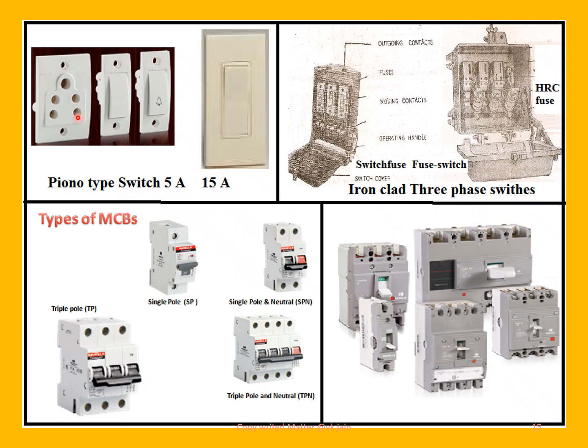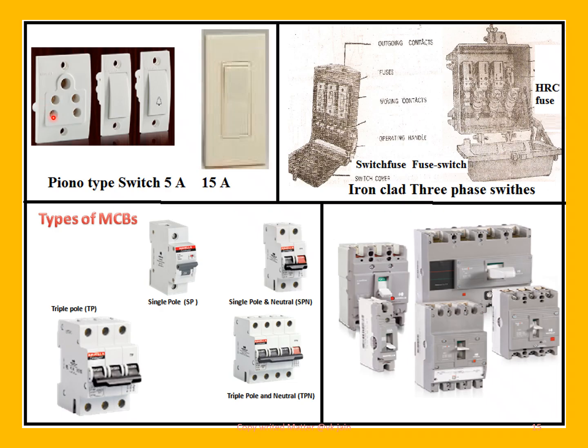Friends, this particular schematic diagram shows you different components of a power circuit. We can start. This one is 5 ampere switch, and this switch is known as piano type, and this piano type switch may get combined with a piano type socket outlet, and this socket outlet is having 5 pins.